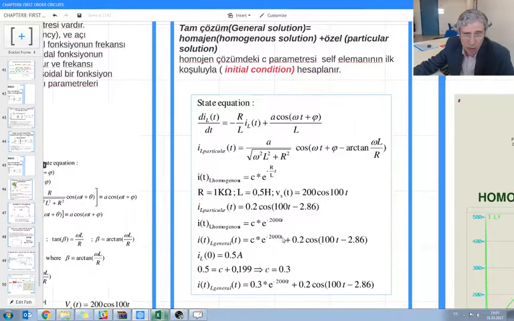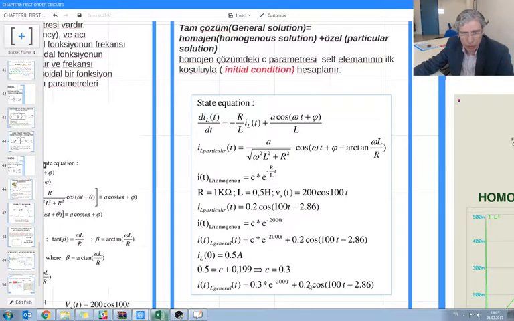C, when t equals 0, this term becomes 1, C times 1, plus this cosine value when t equals 0. That means 0.2 times cosine of minus 2.86 degrees gives you 0.199. So C is almost equal to 0.3. So our general numerical solution is this.